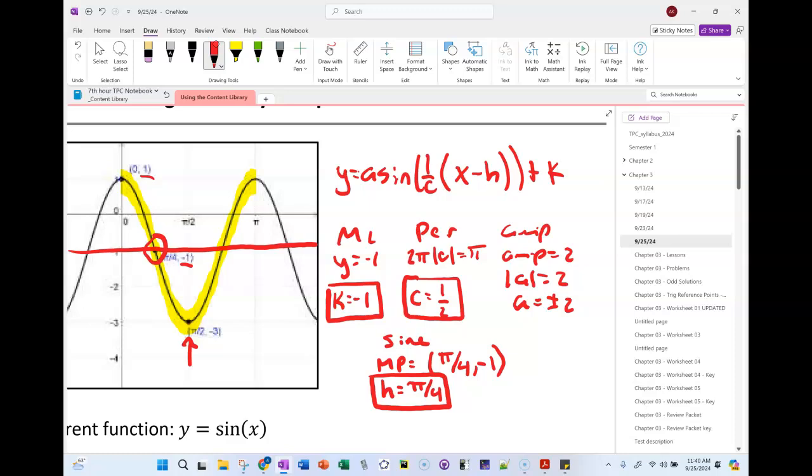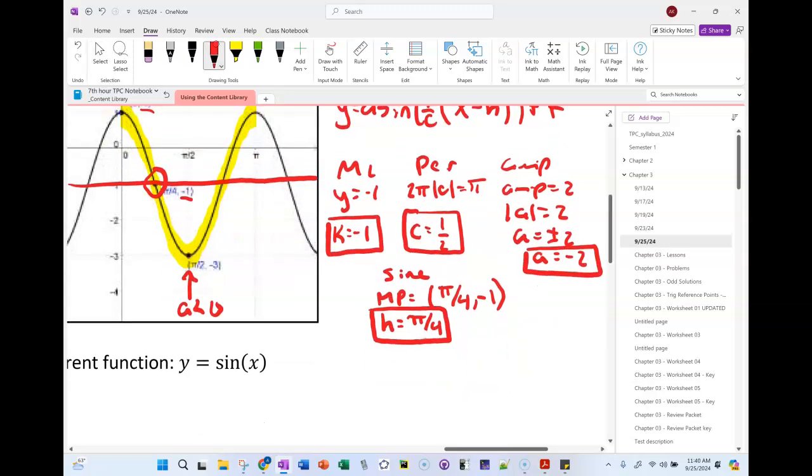That tells me the A is negative. And now we can just fill these into our formula. So 1 over c is the reciprocal of c, so I'm just going to write the reciprocal there. So there's an answer.